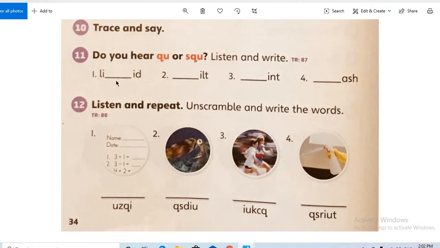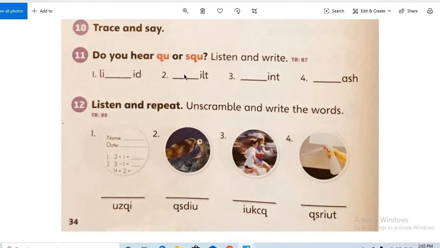Now let's review the answers. Number 1, liquid. Is it QU or SQU? As in liquid, we have the QU, so you're going to write QU. Number 2, we have quilt.